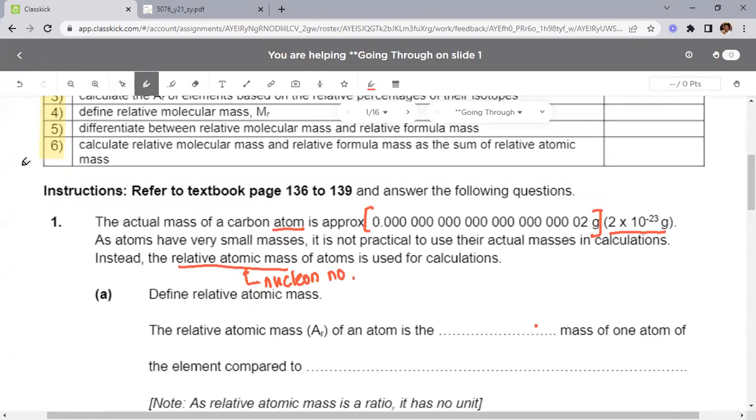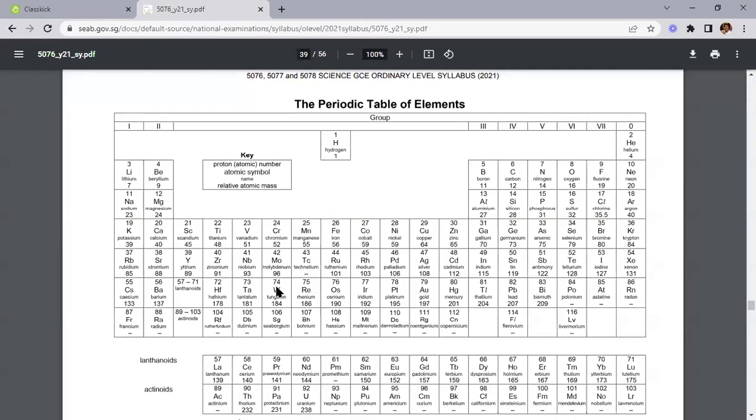So instead of using such ridiculous 2 times 10 to the power of negative 23 grams kind of number, we use something more simplified, which we call the relative mass. So where can you find the relative mass? Instead of going to the definition first, I'm just going to show it to you. If you go to your periodic table, you can see there's always this legend over here, this part that says the relative atomic mass.